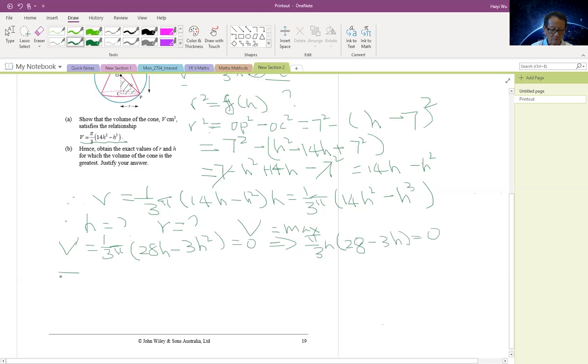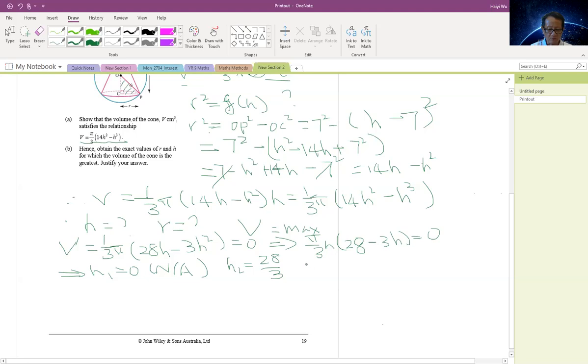So first we get h1 equal to 0, which is not applicable, because height cannot be 0. Therefore the second, h2, is 28 divided by 3. h2 is the one we want to use.